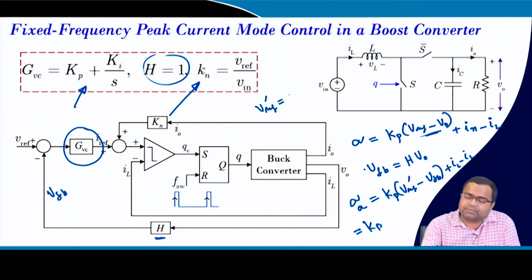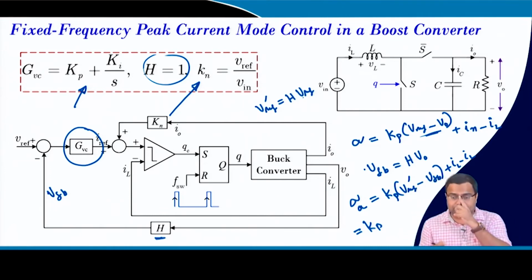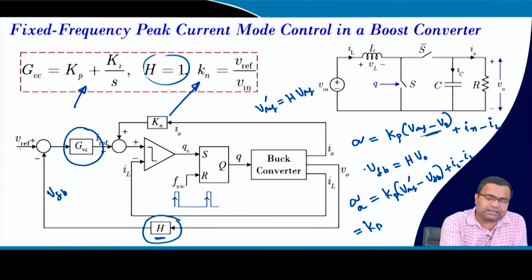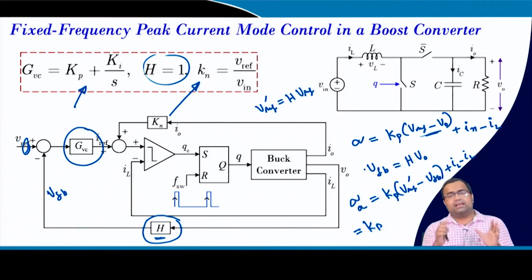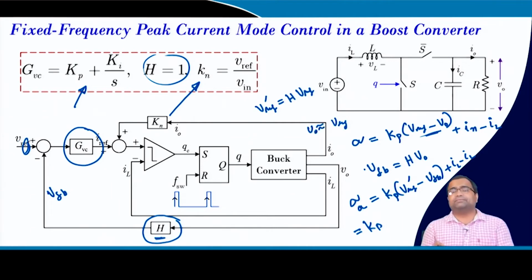Vref dash is nothing but H into Vref. That means whatever factor you multiply with the output voltage, whatever step down ratio you consider here, the same step down ratio you should consider here, because you need to scale Vref, so that our ultimate objective, to reach V0 nearly equal to Vref. That is my final objective, right.